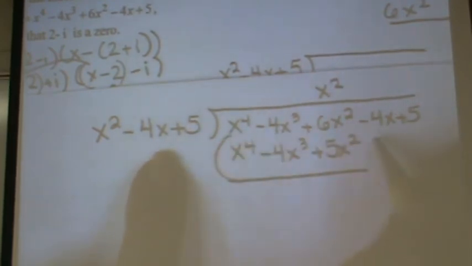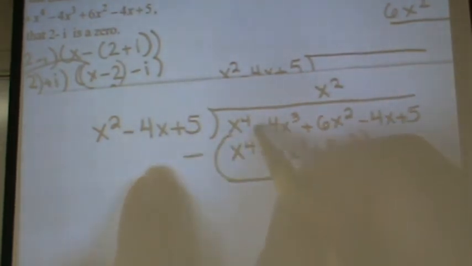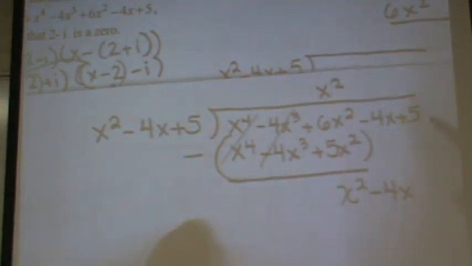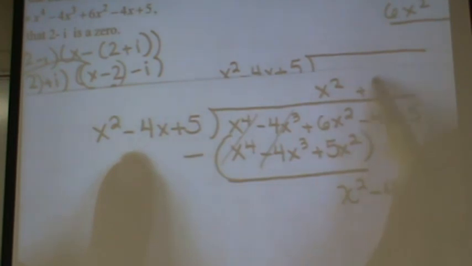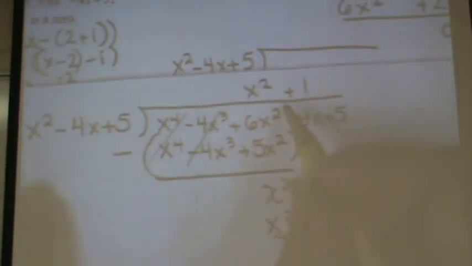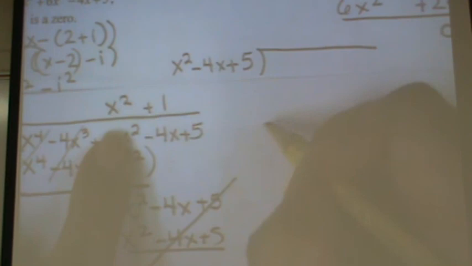Now when you subtract, these two are going to cancel. You're going to end up with x squared. Now bring down your minus 4x. I believe you're going to have to bring both of them down. And when you multiply, this is going to be a 1. 1 times this is x squared minus 4x plus 5, and they cancel. And now I need you to solve these two.